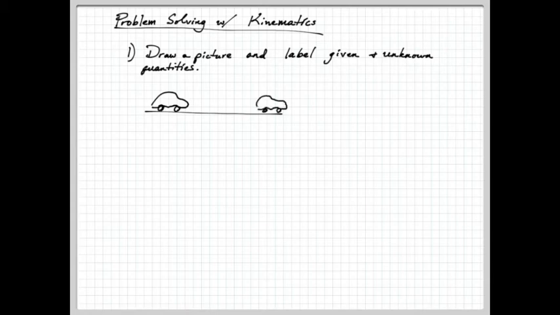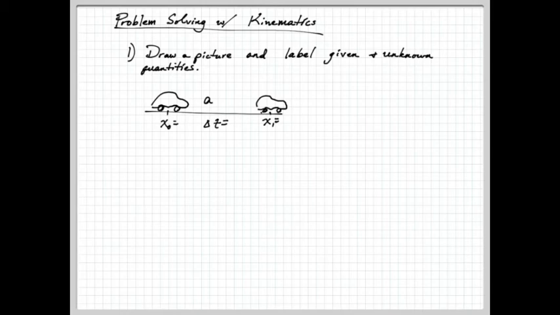So let's say that we have this car and it's in two positions because it's traveling forward. We want to label everything. Notice that I put the initial position under where the car starts, and if I knew the value I'd put it in. The final position is where the car ends. Time, if I knew it, I'd put it in the middle just to emphasize this is the time between the events.